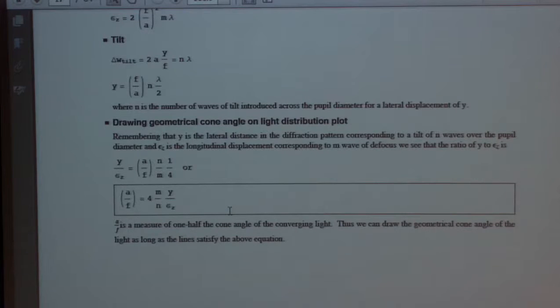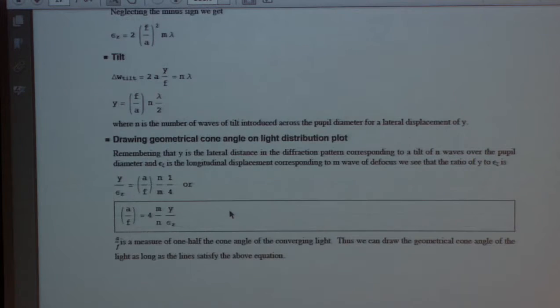So if I want to draw this geometrical cone, I'm going to take the ratio of this y to epsilon sub z and just calculate it here, and it turns out to be a over f, n over m, 1/4.